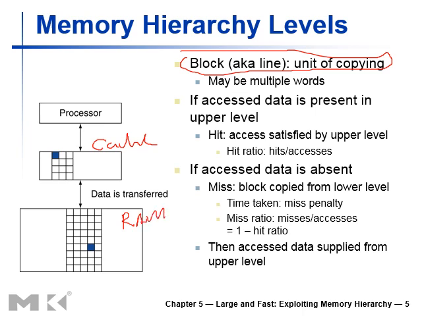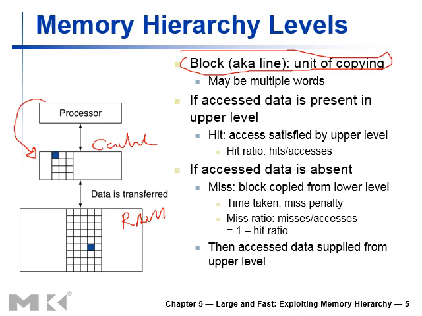The processor accesses the level that is nearest to it. Basically, the processor will look for the required block in cache memory, and if that block is found in the cache memory, it is called a hit. So the hit is all those references that are found in the cache.